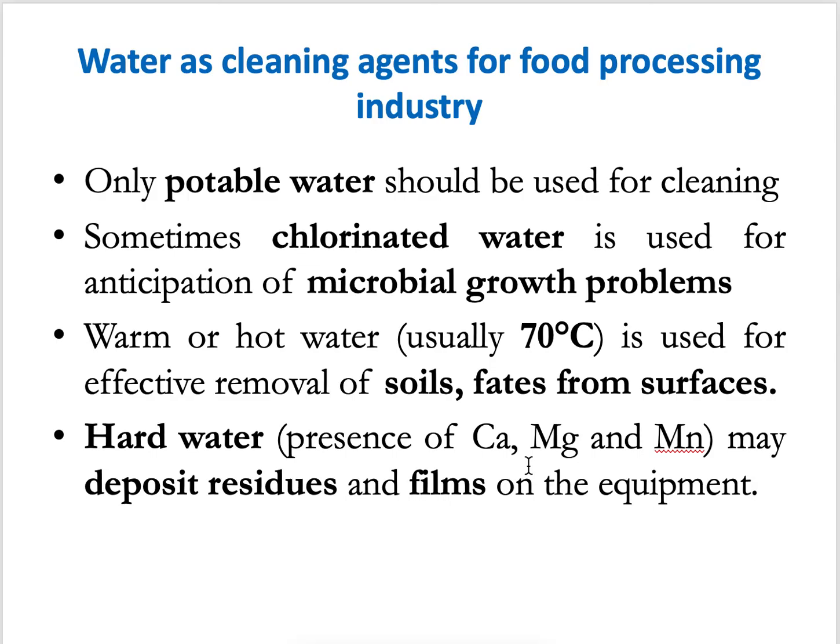Sometimes chlorinated water is also used if we want to control microbial growth. And warm or hot water, usually of 70 degrees Celsius, is better than cold water, especially when we want to remove soils and fats from surfaces.